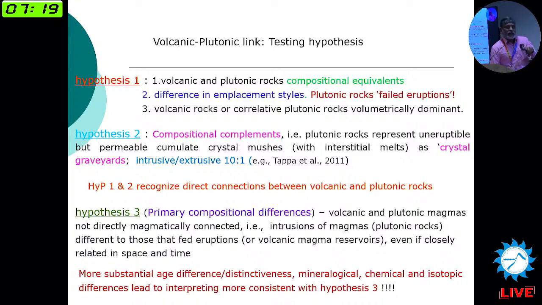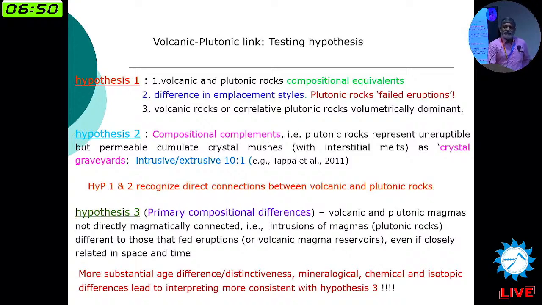Before going there, these volcanic-plutonic connections could be established or not established by three competing hypotheses. One is that volcanic and plutonic rocks are basically like taking one mug of water from a bucket of water, so compositional changes will not be there, but one is giving rise to the plutonic rocks, linked by giving rise to the eruption.